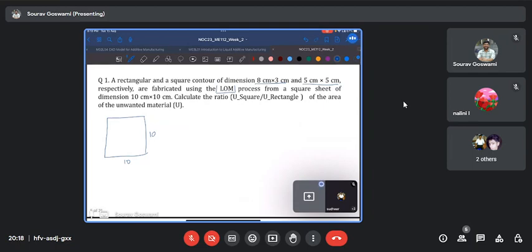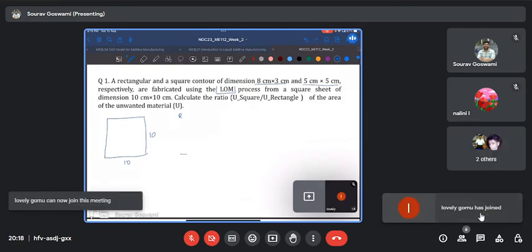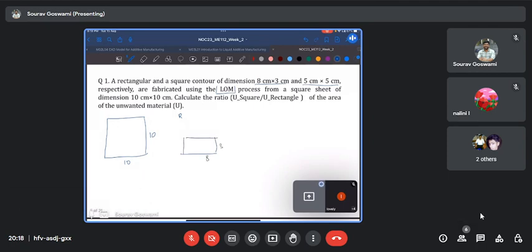One is a rectangular contour of area 8 cross 3. Another is a square contour of area 5 cross 5. And we are asked to calculate the ratio of area of the unwanted material.